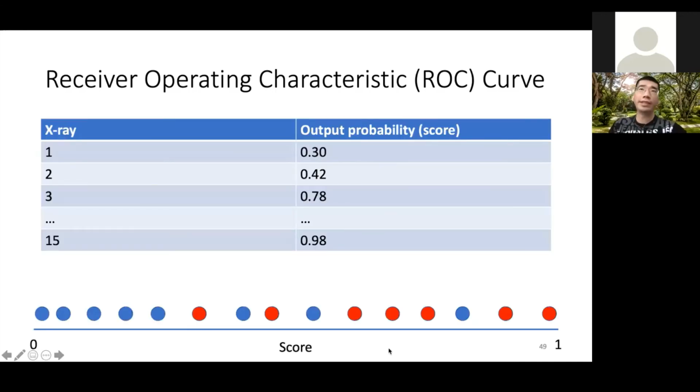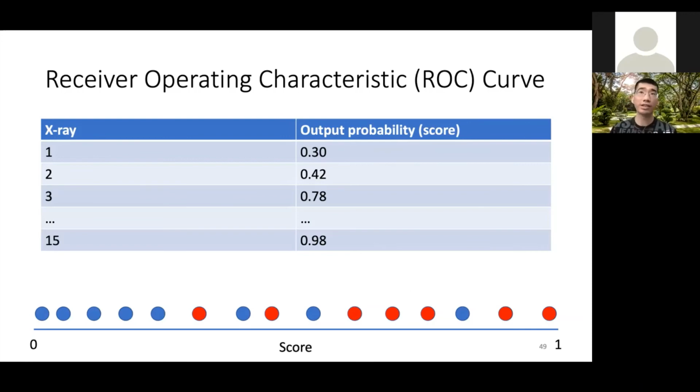So let's say we have a test set of 15 chest X-rays, which we ran through our model to get an output probability or a score for each of them. And we can plot these 15 output scores on a number line between 0 and 1. And now some of these X-rays will have a ground truth of disease and some will be normal.